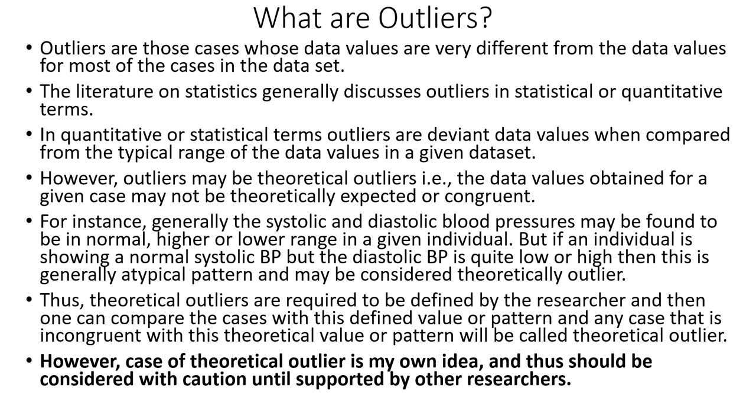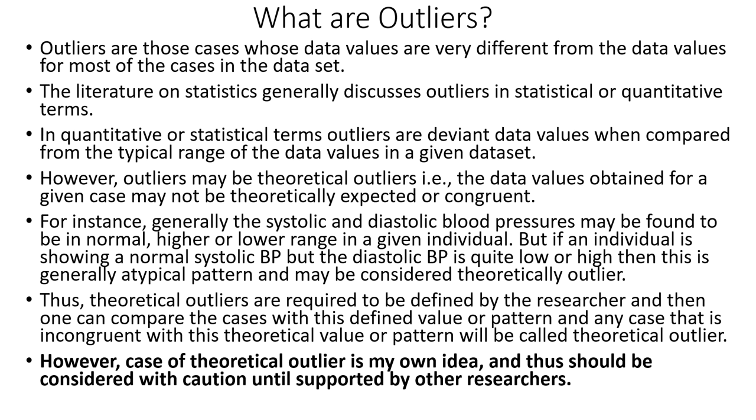But there is a possibility that we expect a certain range of data values based on some theory or prior knowledge, and if the data is beyond what is expected from the theory or the empirical knowledge, it may be considered an outlier.